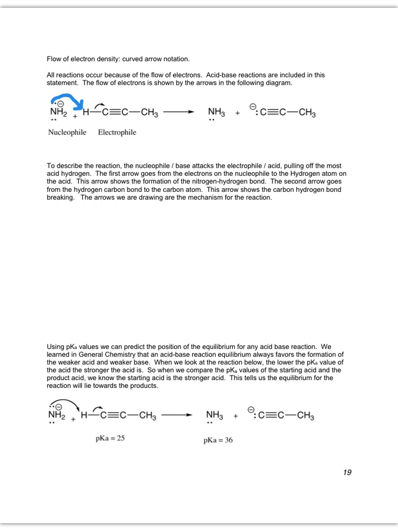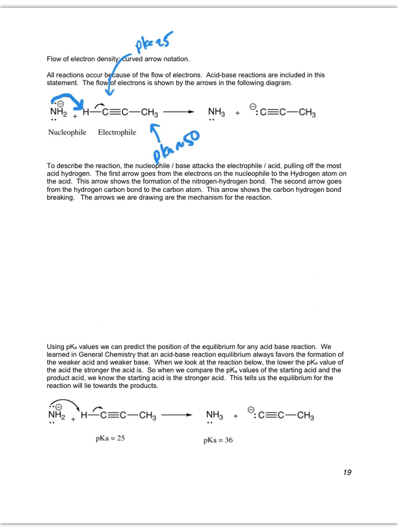A hydrogen on an sp hybridized carbon, like this right here, has a pKa somewhere in the mid-20s. An sp3 hybridized carbon has a pKa somewhere around 50.